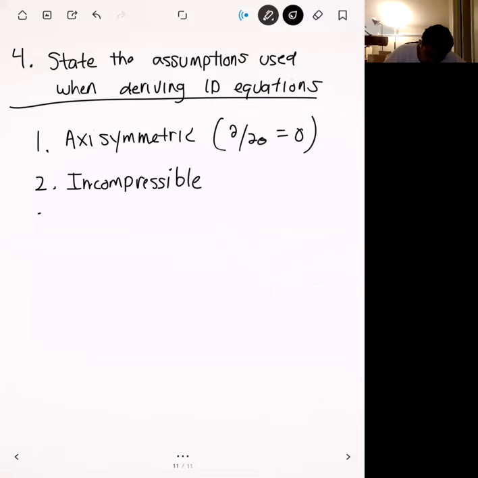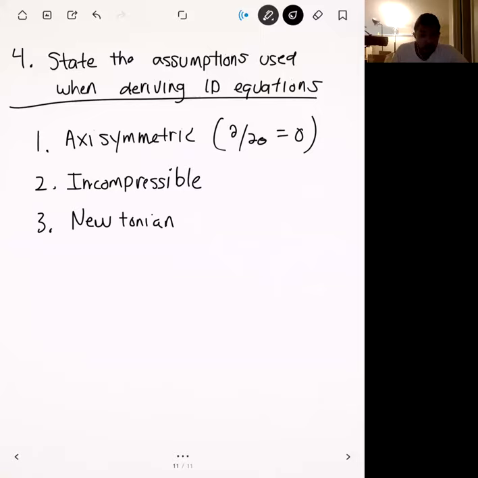All incompressible means is that the density is constant, and that simplifies our conservation of mass equation quite a bit. The other assumption we usually make with Navier-Stokes is that our flow is Newtonian, which basically means its viscosity is constant.